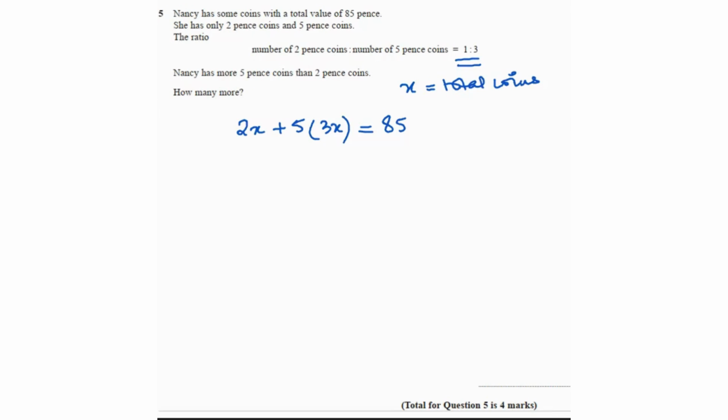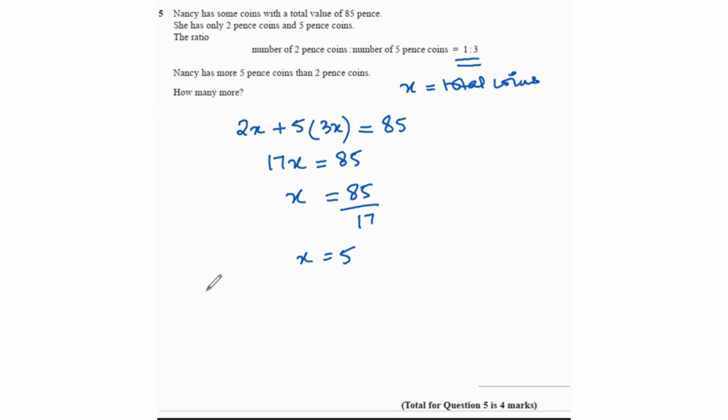For every x coins of 2 pence, there are 3x coins of 5 pence. So 2x plus 5 times 3x is 85. So that's 17x equals 85. Then x equals 85 divided by 17, which gives us 5.